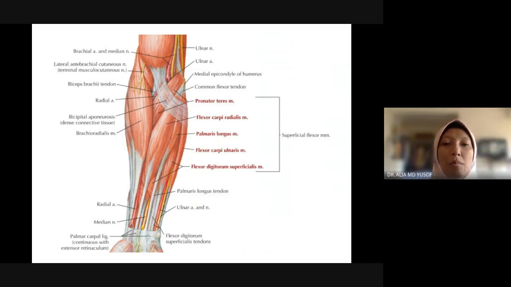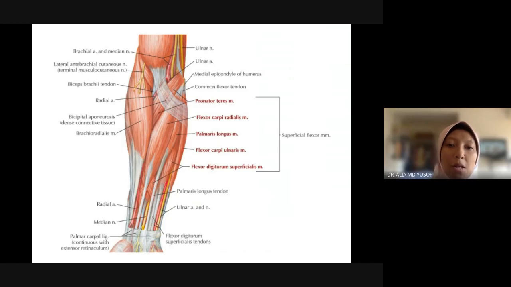Okay, the common characteristic is, number one, it arises from the same origin, that is medial epicondyle of humerus. And then 4 of the 5 muscles, they produce flexion of the wrist, and 1 muscle, that is pronator teres, produces pronation of the proximal radio-ulnar joint.